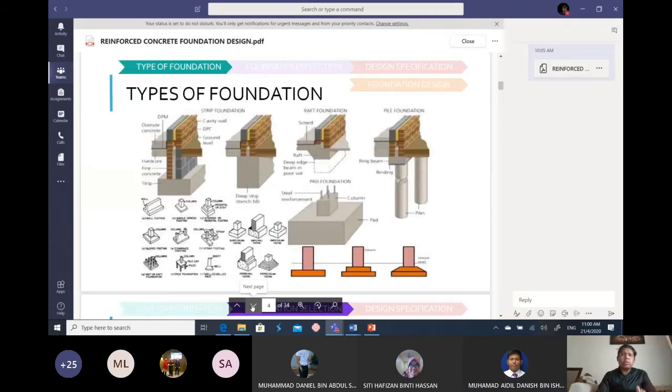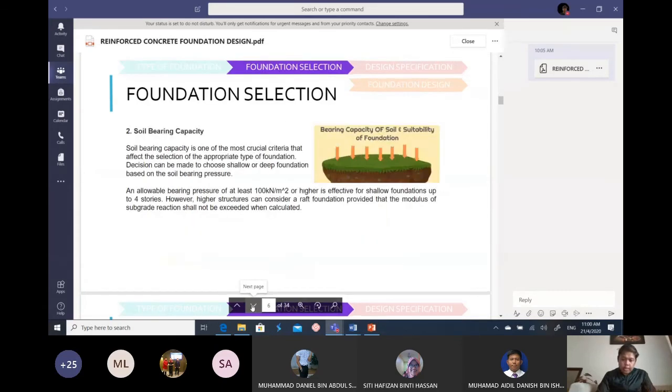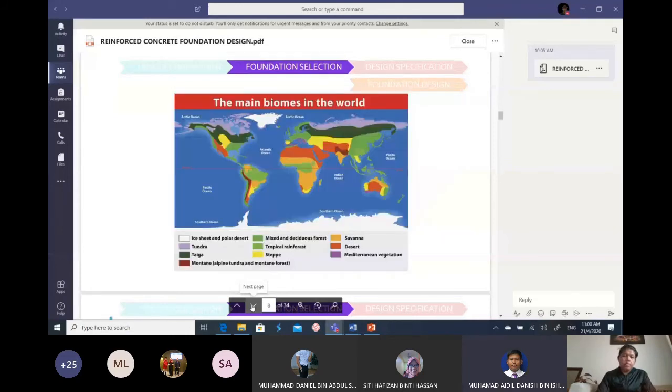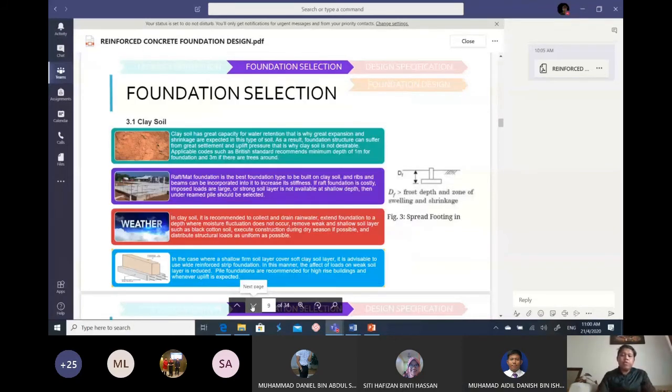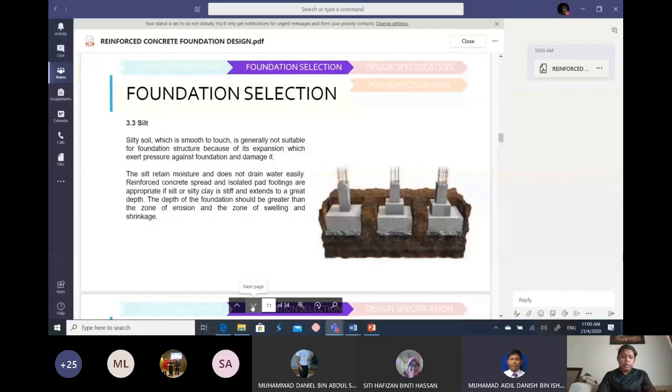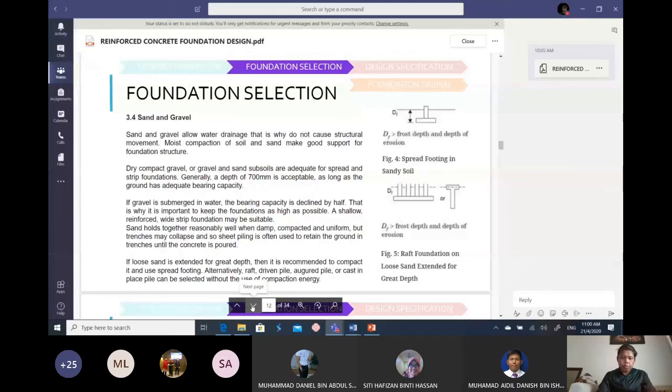NA2 is based on the exposure class. Yes. So you have to check also based on the fire resistant. Sir, maksudnya for NA2 for the exposure class, for example, XC3. Okay, I give you an example here.